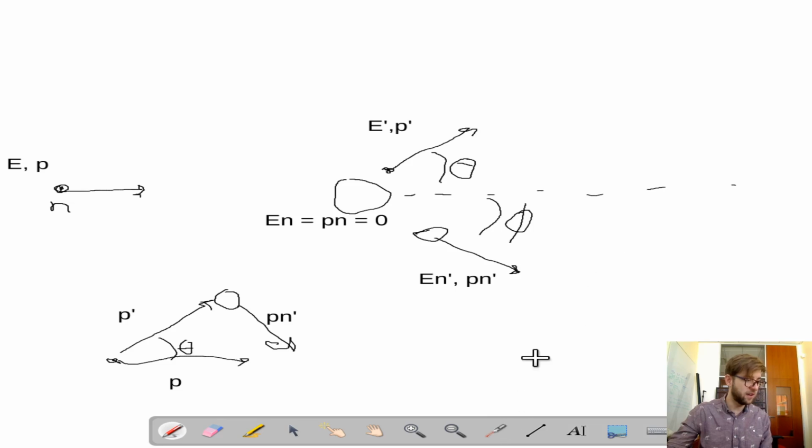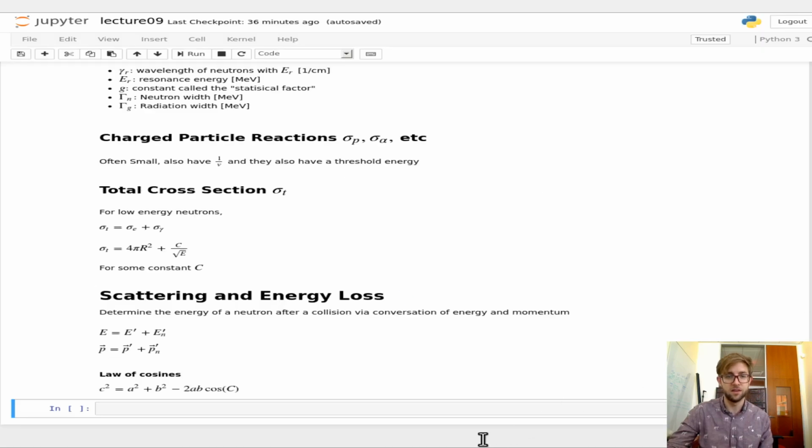So now we don't need to have P prime in terms of our angle phi, right? So this is phi over here, but now we don't need that because we can put it in terms of cosine using the law of cosines.